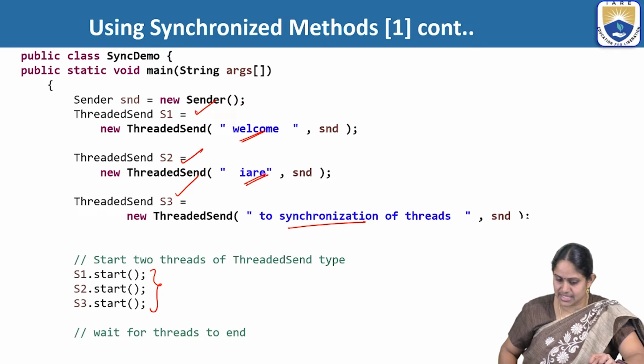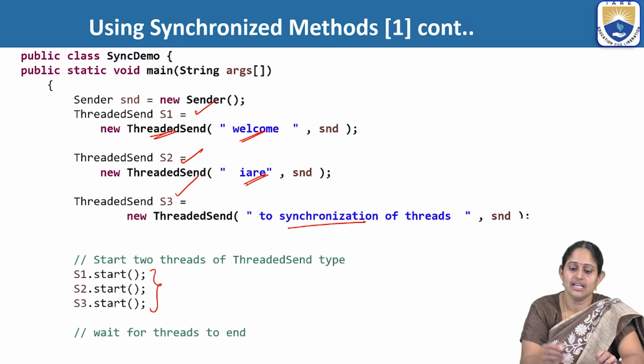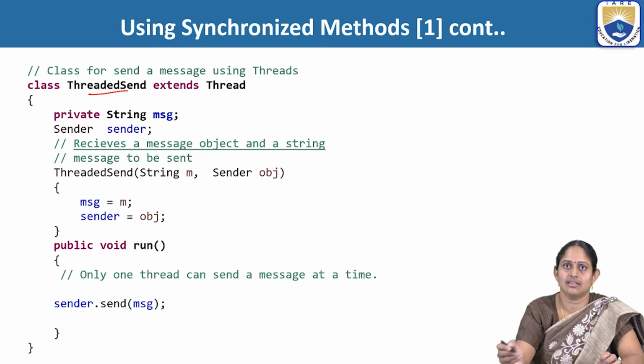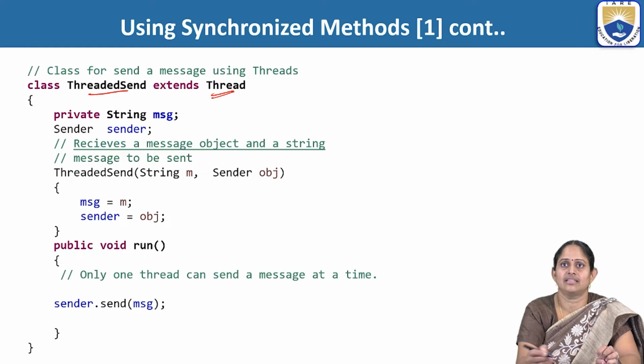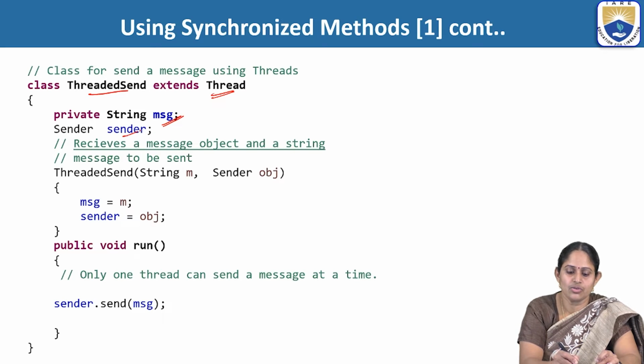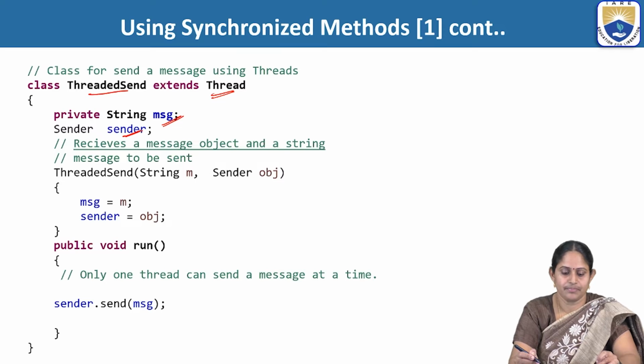When S1 is starting, let's see what we have defined inside the thread. Here we have a thread named ThreadSend, which is created by extending the Thread class. Inside that we have a string named message, and we are making use of a sender object.